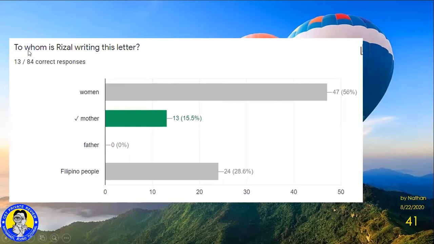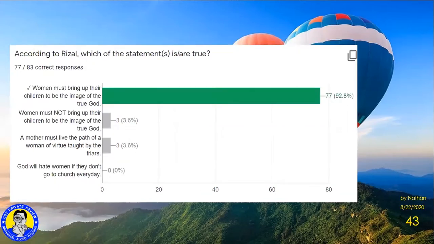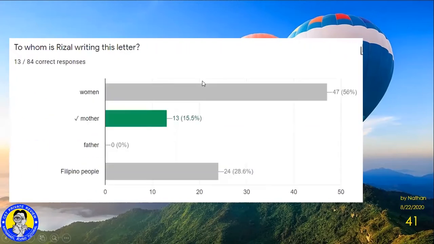So the questions are, to whom is Rizal writing this letter? What did Rizal mean by no good water comes from a turbid bitter spring, no savory fruit comes from acrid seed? And what is he meaning by the passage? So that's what I will be looking for when I read this.